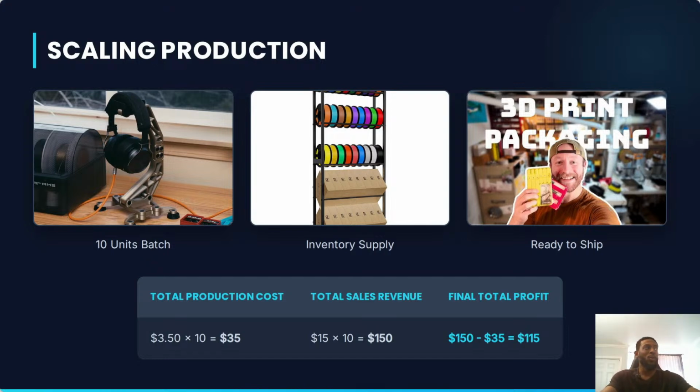Another thing is that with $25 worth of material, I could literally print about 50 different headsets with $25 worth of PLA material. So that's what I mean when I talk about scaling production.